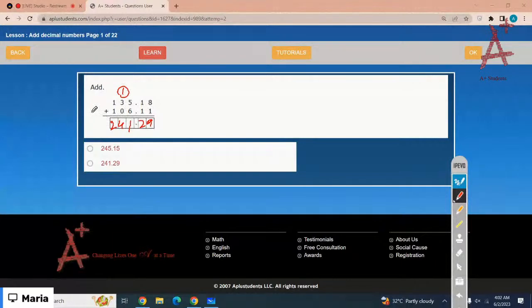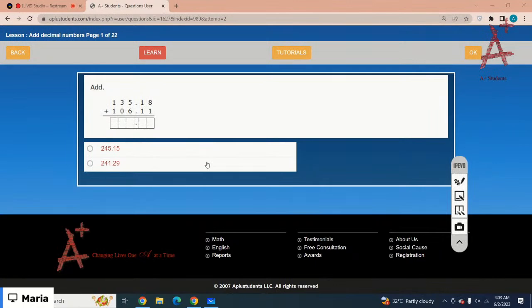So when you add them, the correct option is 241.29. Just select the correct option and click on the.